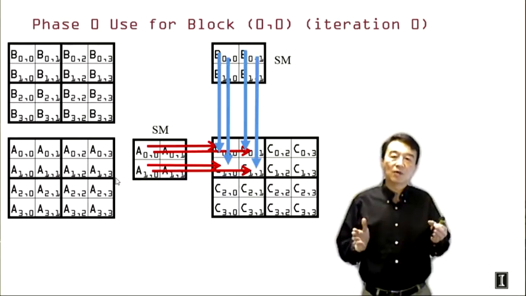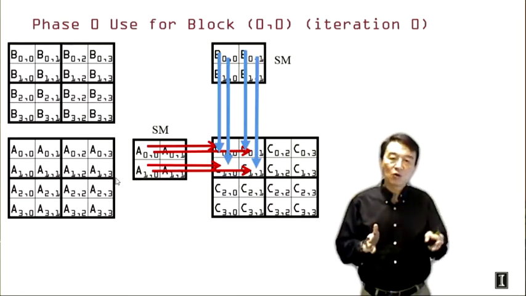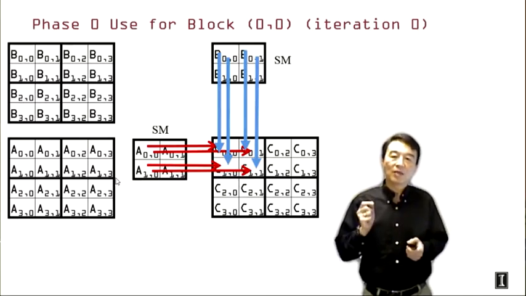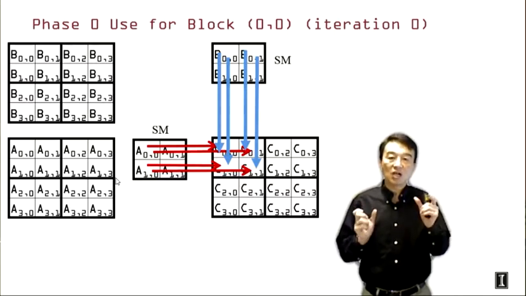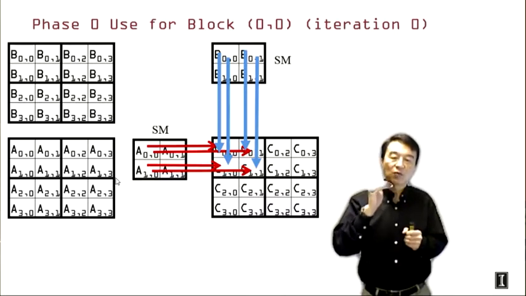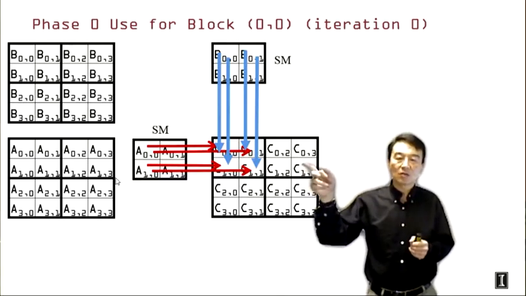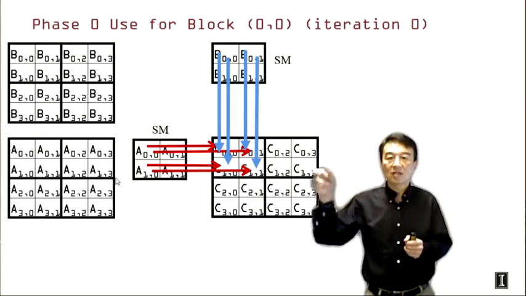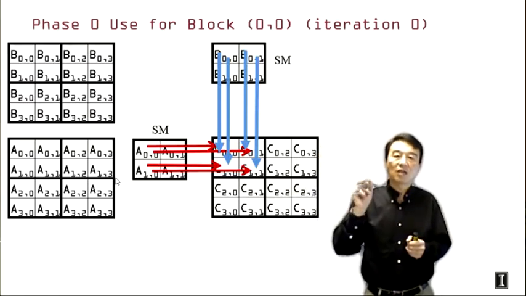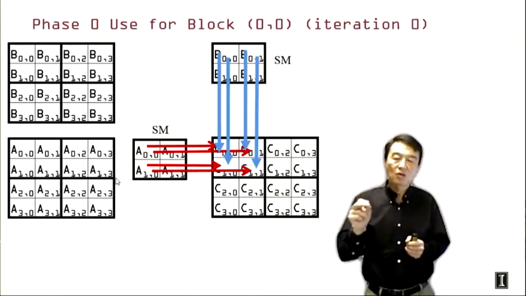So we're still going to use a for loop, and this is iteration 0 of the loop, where all the threads are going to be generating the first multiplication for that first step of the dot product. So for example, thread 00 is going to use A00 and B00 to generate the first multiplication and accumulate step for the dot product.